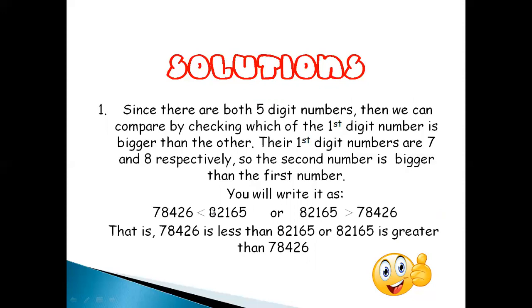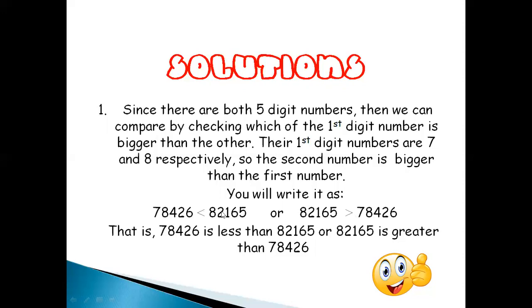So since this is the smaller number, if I'm going to write it, I'll say 78426 is less than 82165. Or better still, I can interchange the number and say 82165 is greater than 78426.